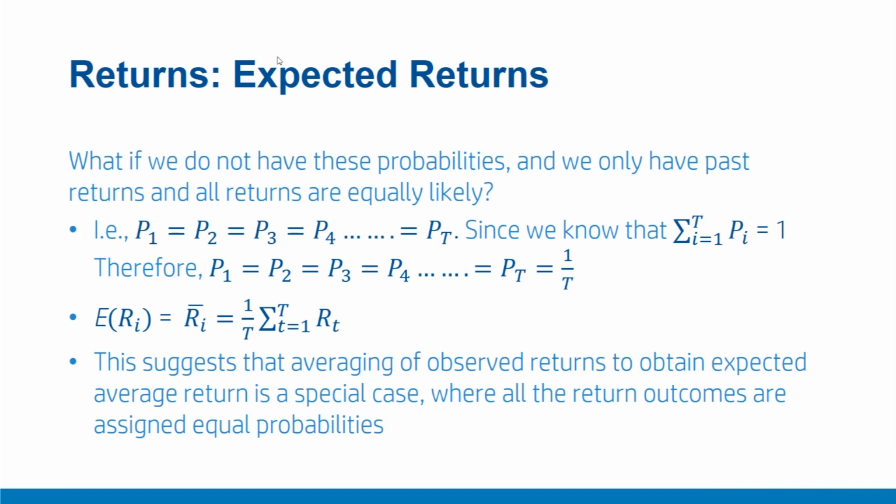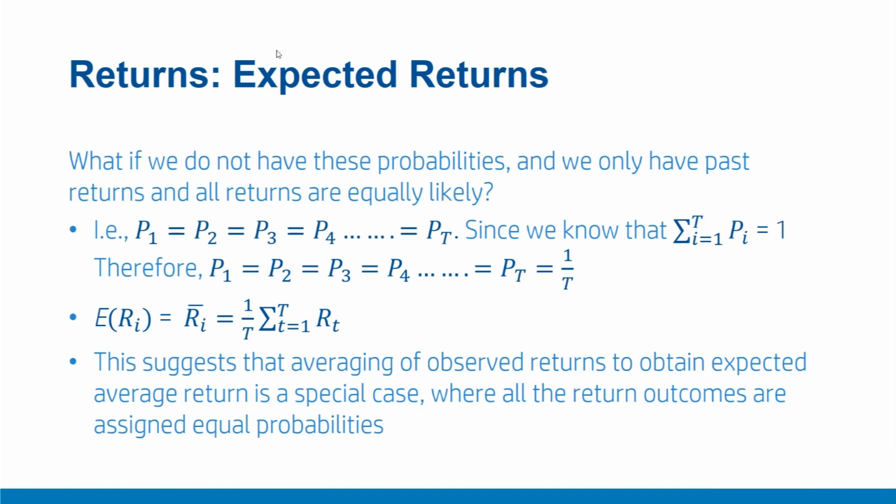And since we know that the summation of all the P_t equals 1, that is sigma P_t, t equals 1 to T, equals 1, therefore P1 equals P2 equals P3 and so on equals PT, which is equal to 1 by T. Therefore, our formula of expected return becomes expected value of R_t equals R bar equals 1 upon T sigma R_t, t equals 1 to T. This we saw earlier as well. This suggests that averaging of observed returns to obtain expected average return is a special case where all the return outcomes are assigned equal probabilities.